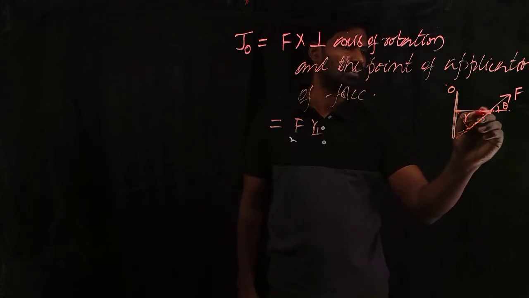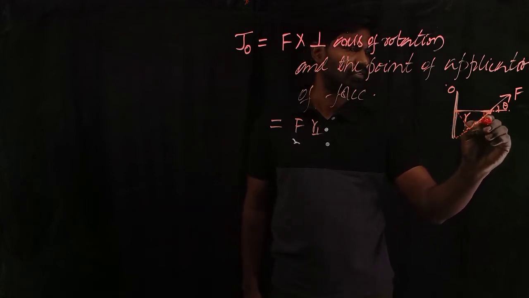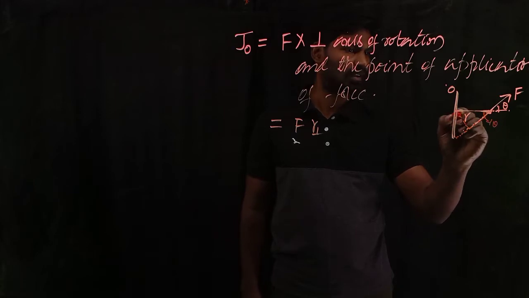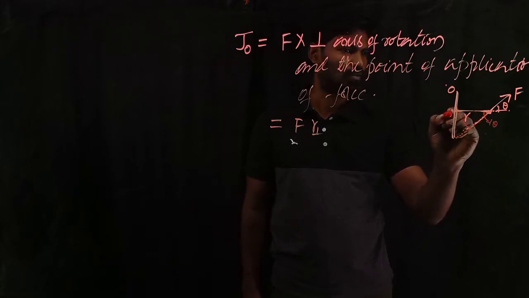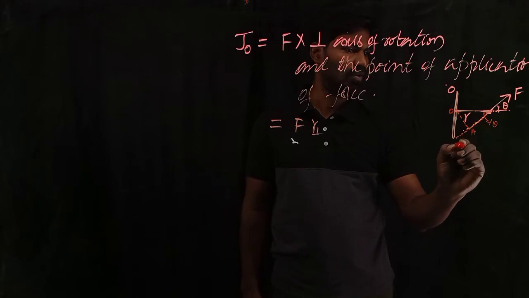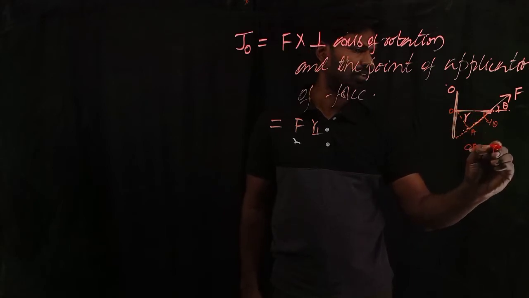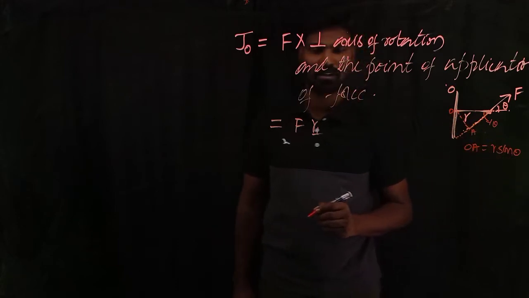If this distance is r, and this angle is theta, this angle also theta, then the component of r in this direction, let me call it OA. OA is equal to R sine theta. This distance OA is also called lever arm.